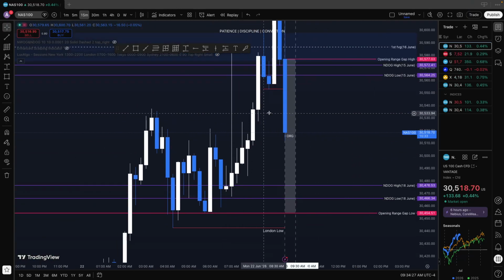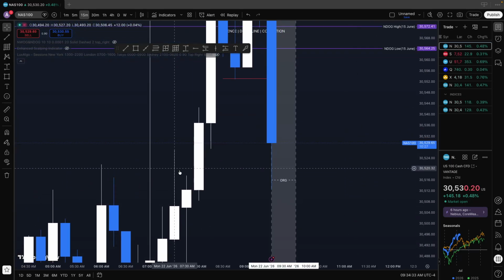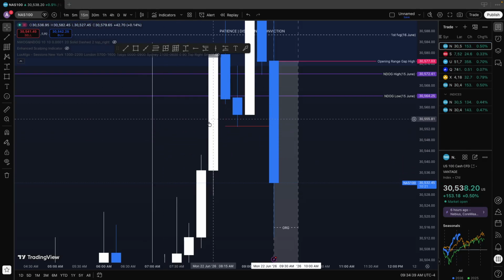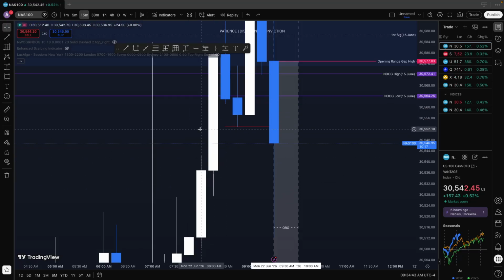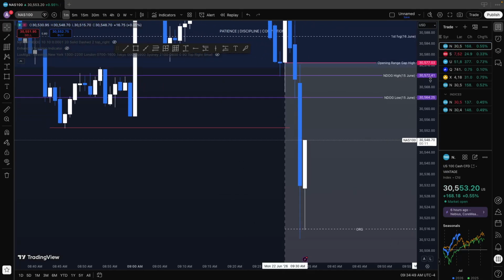So let it play around, let it do the damage, let it go down if it wants to. And then if it closes, let's say respecting this one or close to maybe above this one. If it's below this one. But yeah, we'll just see.